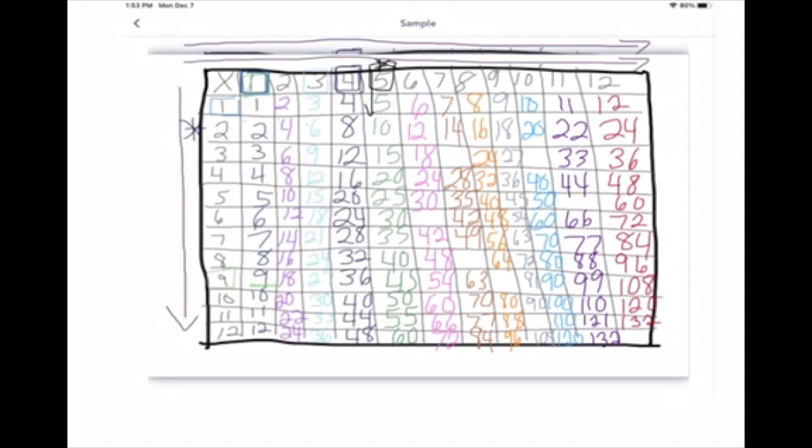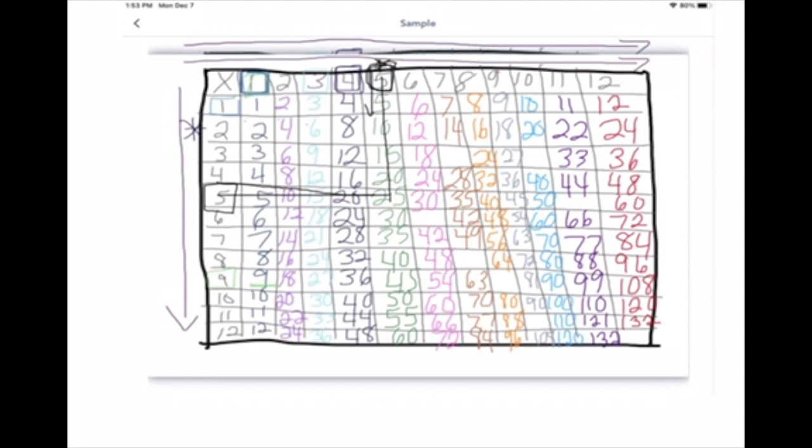And as you look at the side right here, if I look at 5 times 5, and I use my finger to see where they meet, 5 times 5 is 25. Is that true? Yes, it is. So this is a great way to figure out those multiplication facts if you're stuck. And that's how a multiplication table or chart works.